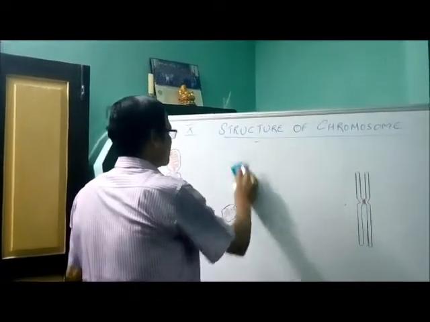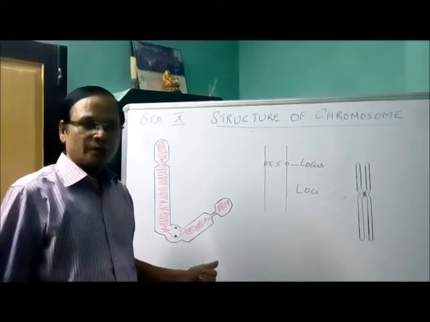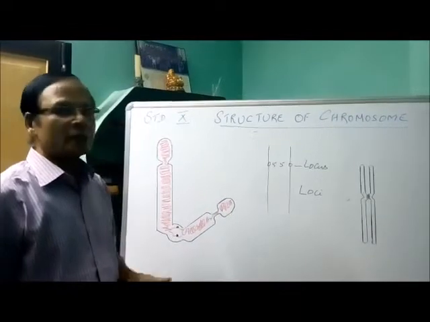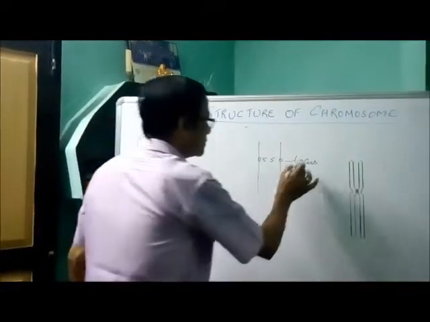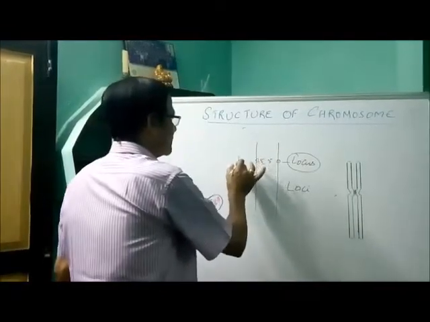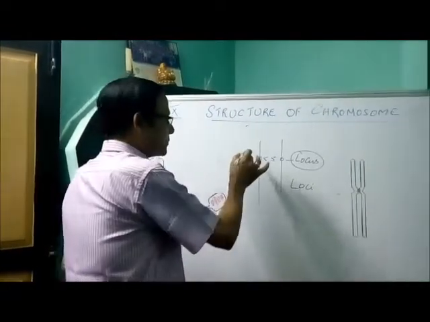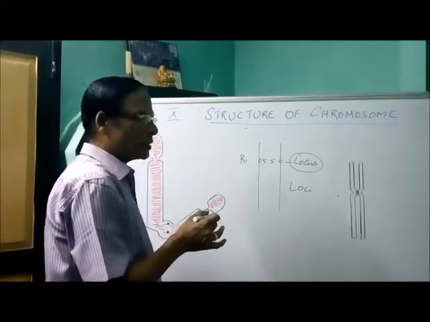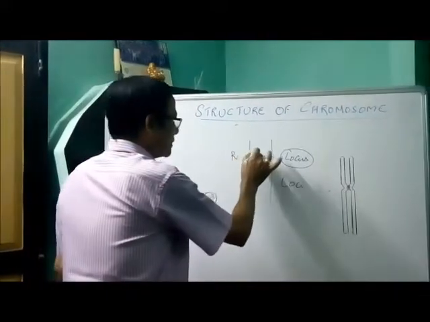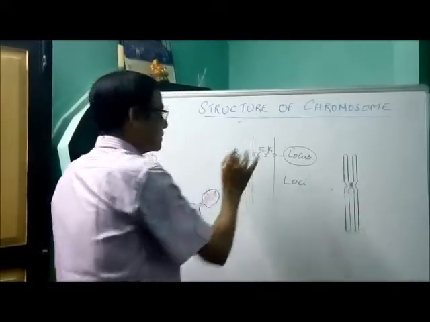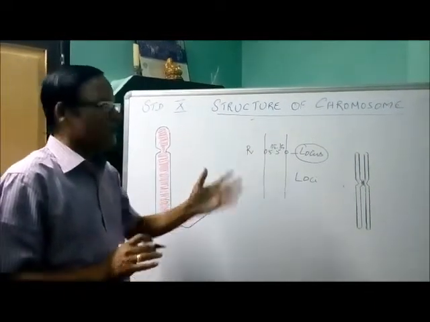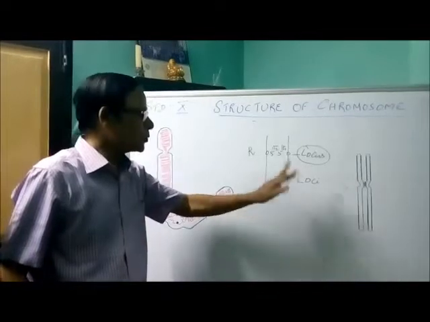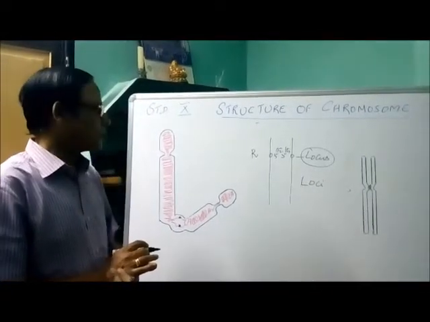Suppose we take the gene capital R, and it is located at the fifth locus. So, locus is a point where a particular gene is located on a chromosome. Loci is the plural form.